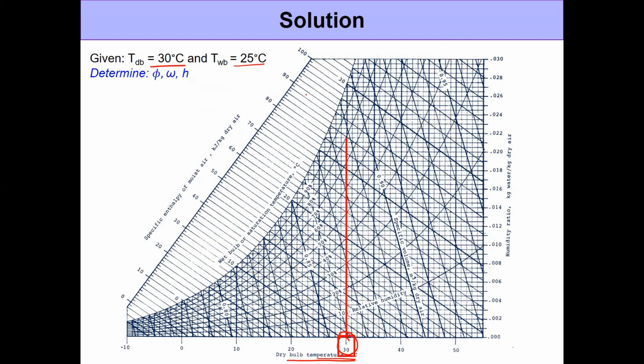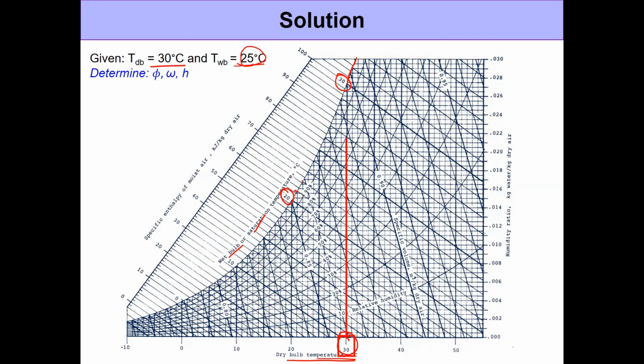Now we need to also identify the line with a wet bulb temperature of 25 degrees Celsius. So this axis corresponds to the wet bulb temperature, as you can see, wet bulb or saturation temperature, and you have 30, 20, and we're looking at somewhere in between, right? So we're looking at 25 degrees Celsius. So that basically corresponds to, if you count from here, 21.